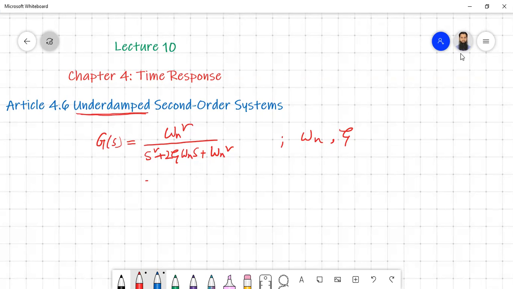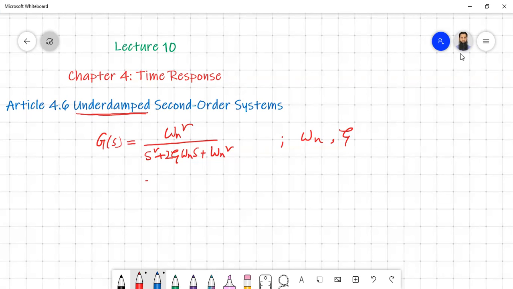That is why we are more interested in this form, the underdamped system response. We want to find out the step response of the underdamped system, and based on that, we will try to find the formulas that can be applied to similar systems, basically all four forms of it.